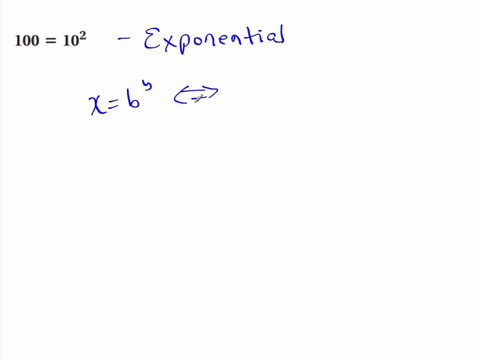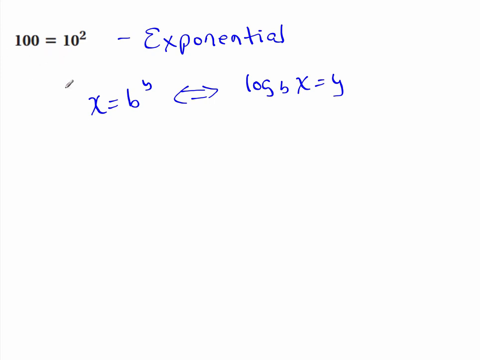Now, we can take numbers and write them in exponential form. This is the exponential form. Or we can write them in logarithmic form. So to write this expression in logarithmic form, let's go back to the definition. x is b to the y if and only if log base b of x is equal to y.